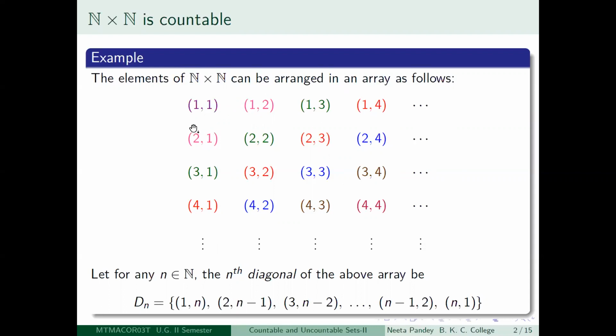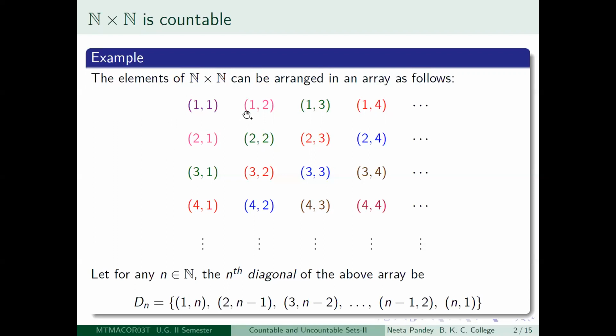The first diagonal will consist of only one element, (1,1), and this I call D1. D1 is the set of those elements so that when you add the first coordinate and the second coordinate, you get 2. The only possibility is just (1,1).